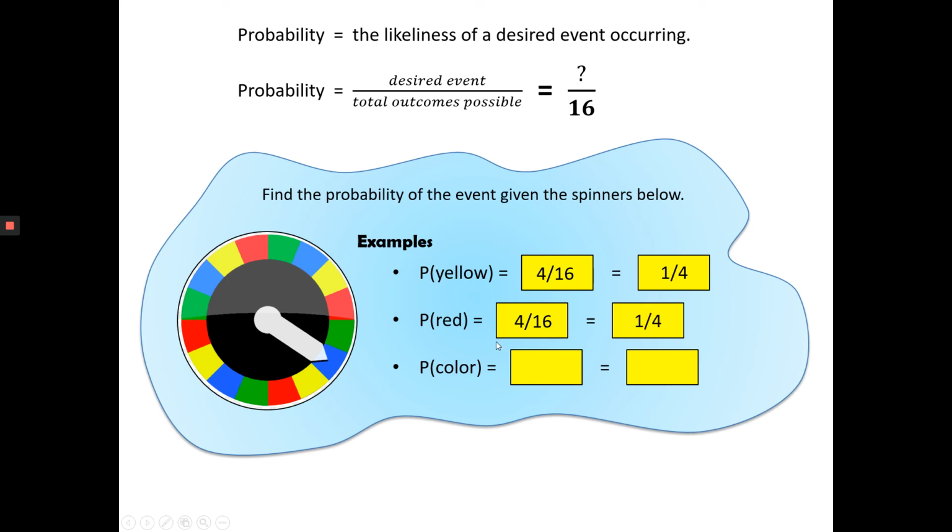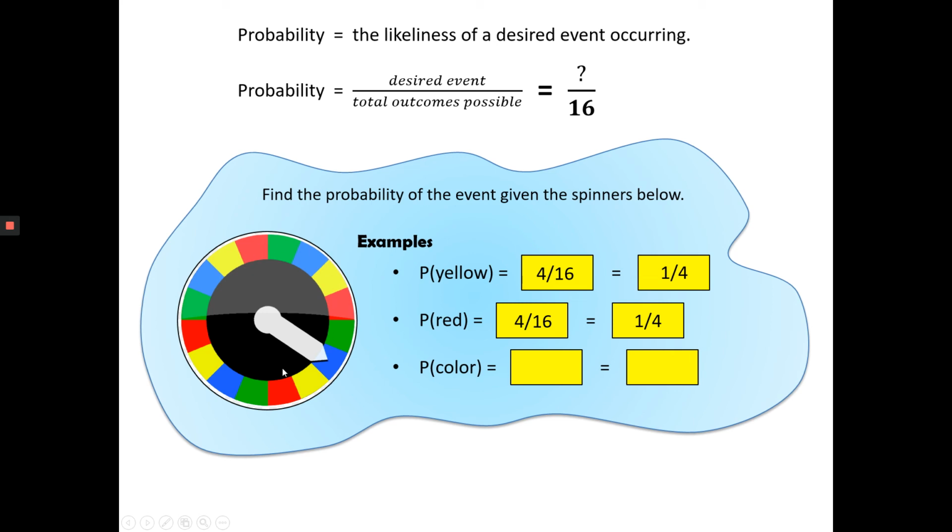The last little example that we'll take a look at with the spinners is what's the probability that it's going to land on a color? Looking around at all the possibilities, is there anything that is not a color? Does anything have a number on it? Does anything have a shape on it? Is there anything other or different than a color? No, everything is a color.